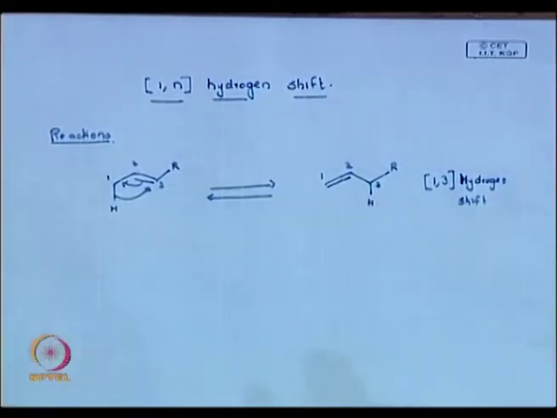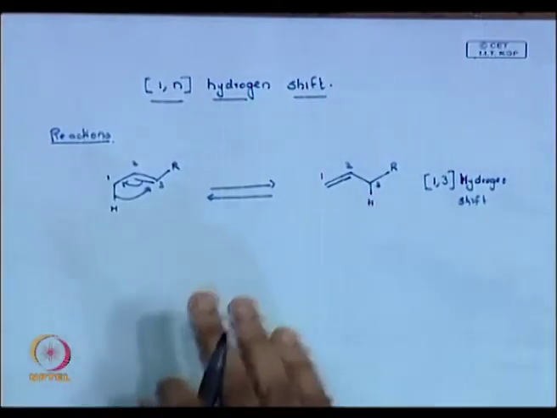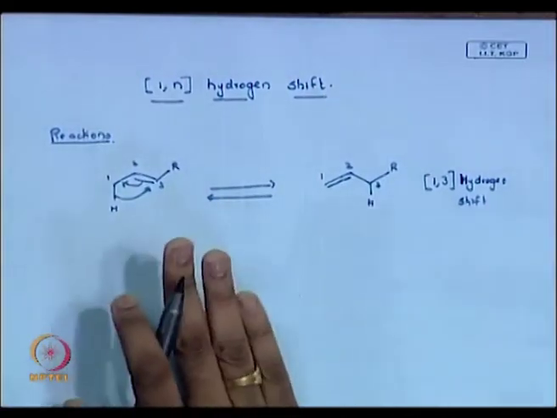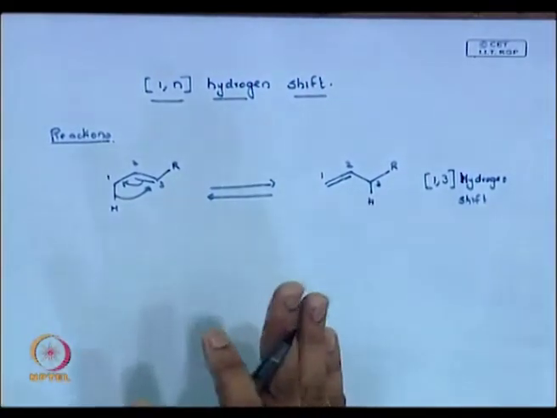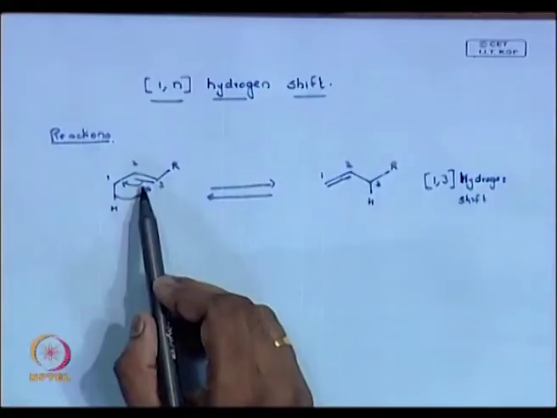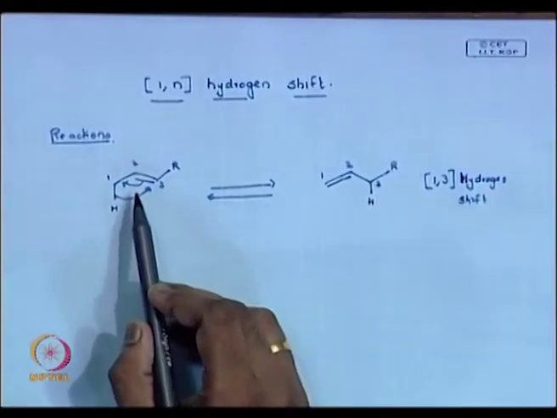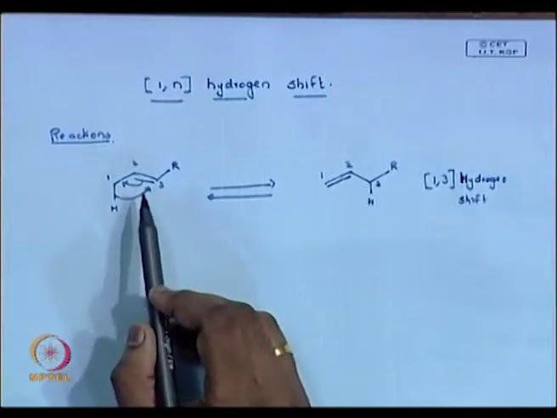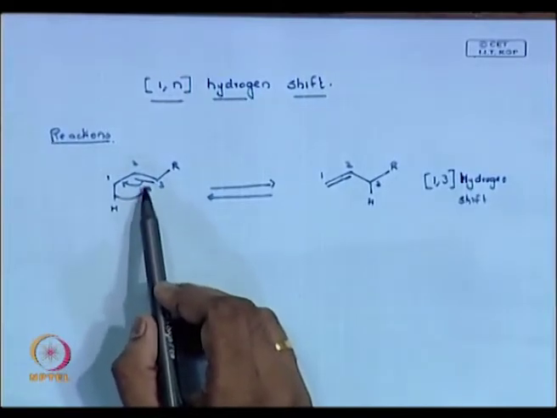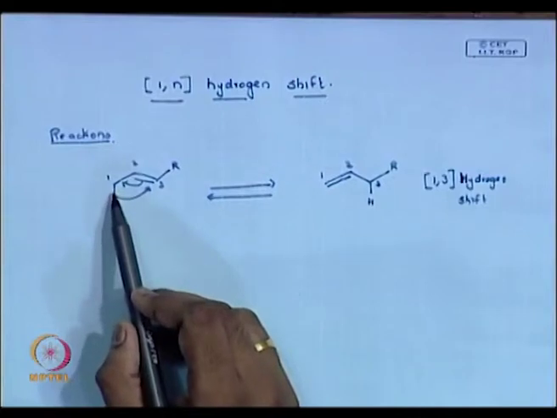Now, it is a little bit different from your electrocyclic, where you count the pi system, the 4n rule and 4n plus 2 rule. In this case it is a little bit different. What you do is you consider how many electrons are involved in this reaction. See, 2 pi electrons as well as 2 sigma electrons.